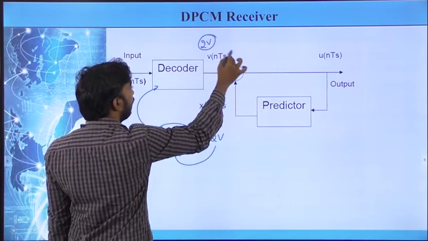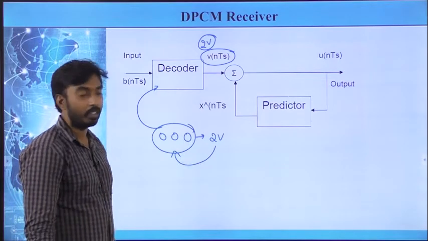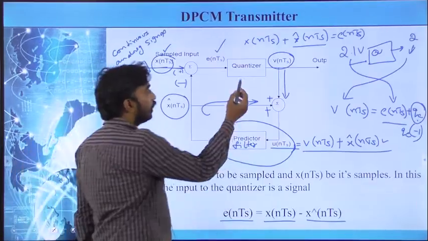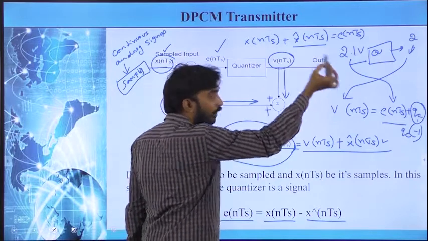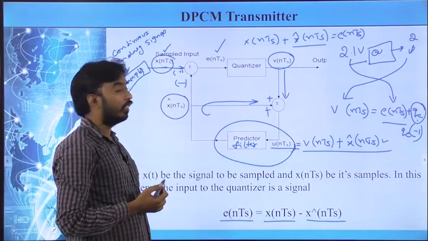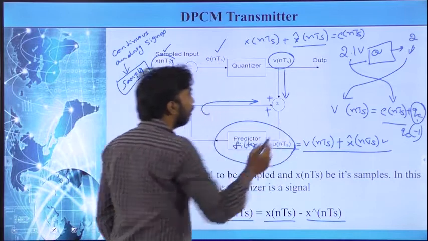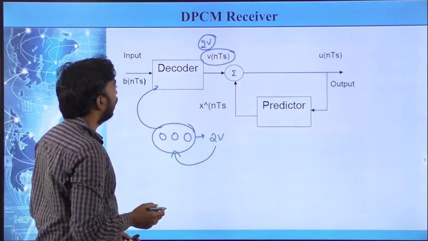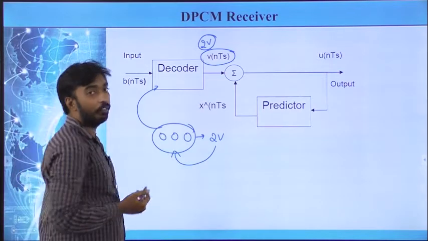That means the decoder output is the quantizer output, right? So the quantizer output is V of nTs. This V of nTs I am giving to the encoder. That encoder will generate the binary numbers. Now this is at the transmitter. At the receiver, those binary numbers I am giving to the decoder. That decoder will generate V of nTs.